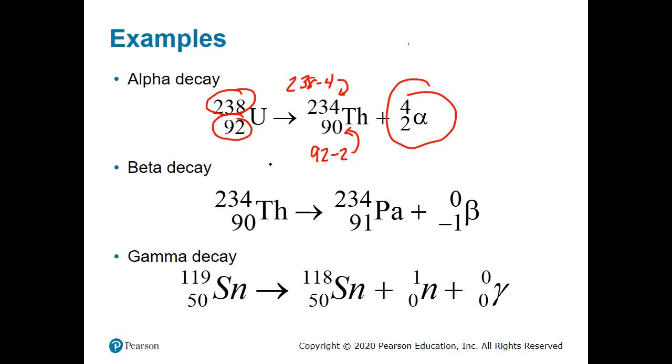In beta decays, let's say that thorium-234 just undergoes a beta decay after the original uranium went through an alpha. So I started with a mass number of 234 and an atomic number of 90. If it undergoes a beta decay, this would be a negatron emission.